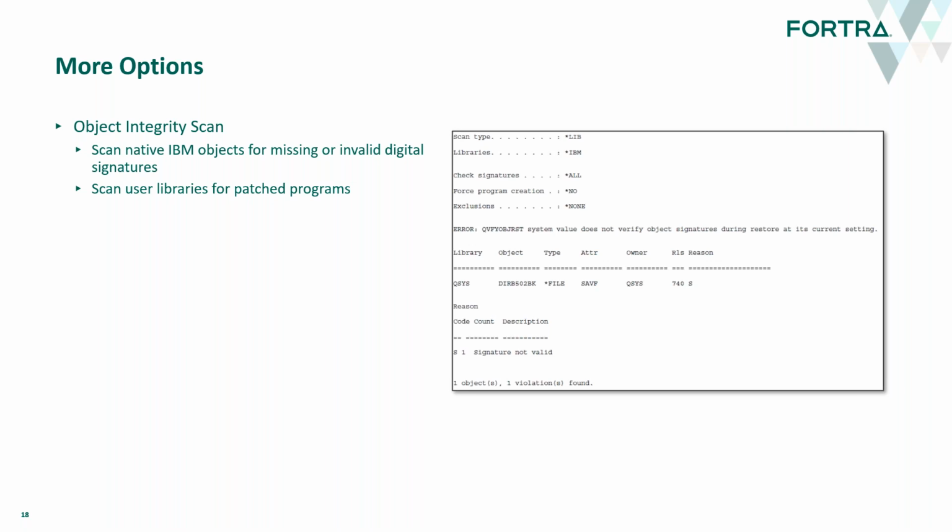There was a presentation they'd done back in 2001 talking about digital signatures and how to set it up. Vendors, we're not signing that stuff. You should see how complicated it is, because you as the customer are going to have to set up the digital certificate manager. It's a lot of work. So your native IBM objects are going to be signed. So you want to make sure that you're checking those signatures, that they are in fact still valid. If they're not, it's been tampered with.